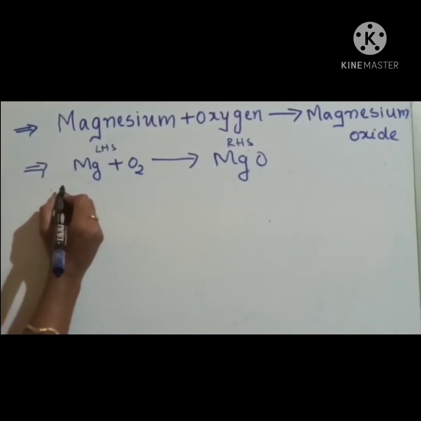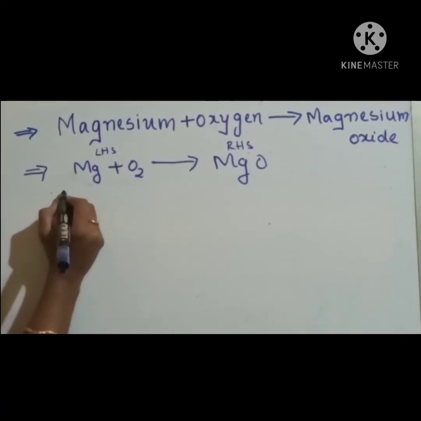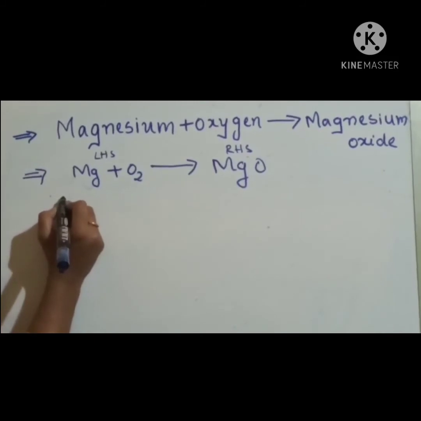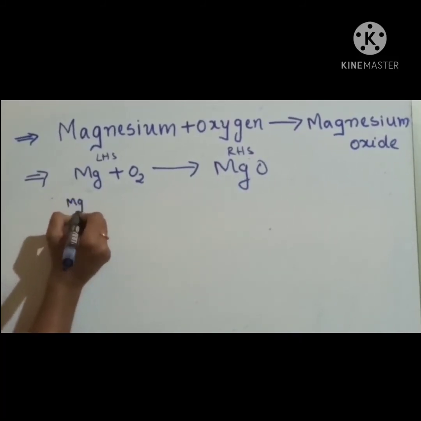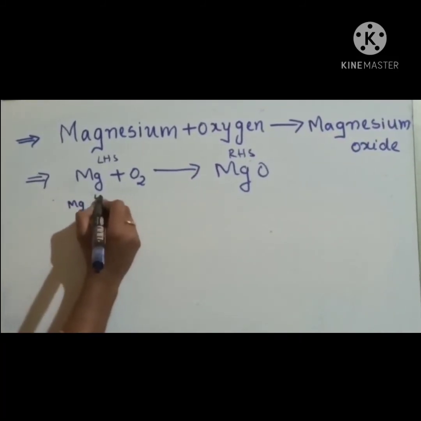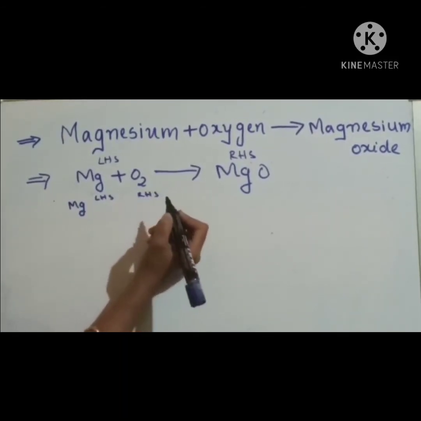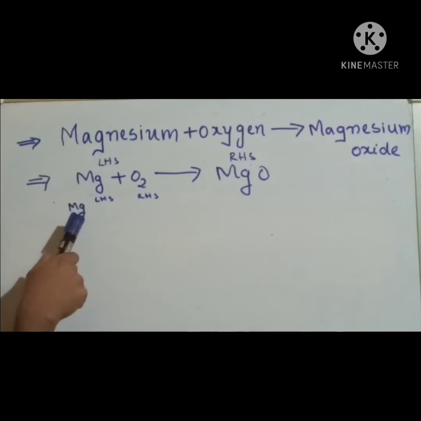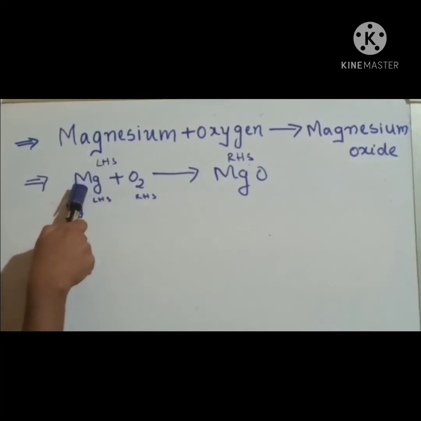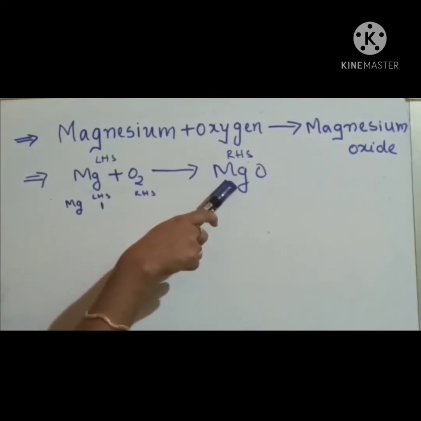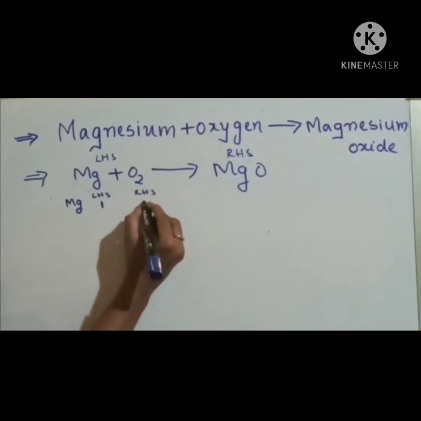First we are going to check whether the magnesium is balanced or unbalanced. Magnesium on LHS is 1. And the number of magnesium atoms present on RHS is also 1.